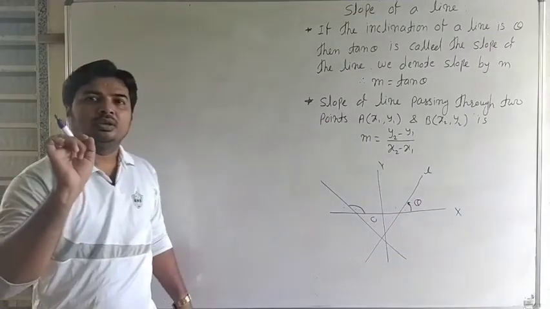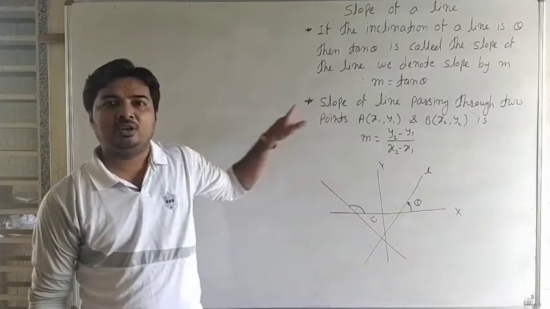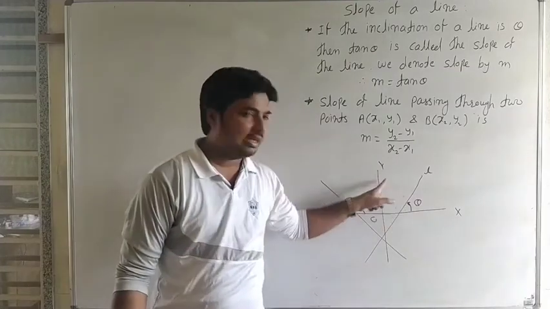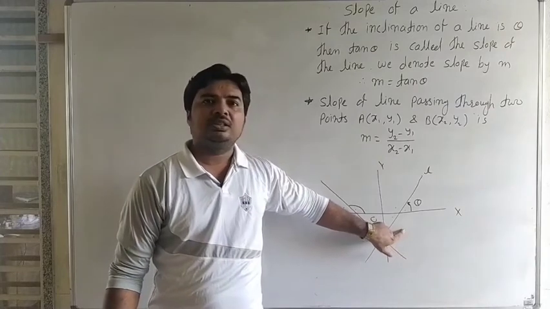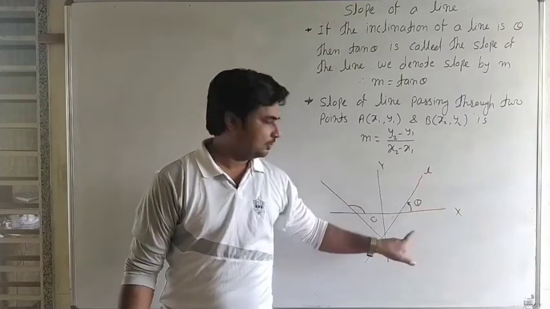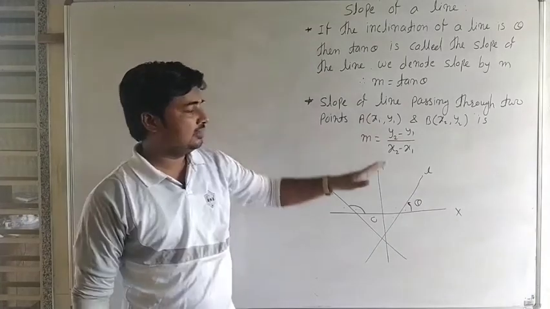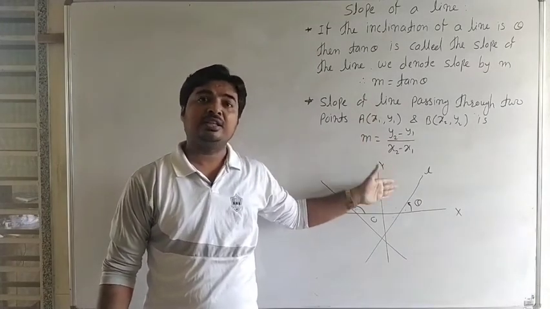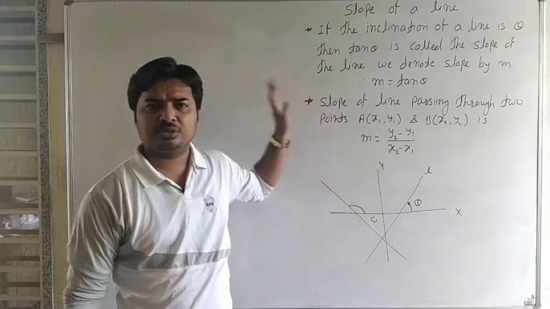Inclination means the angle made by the line with the positive direction of the x-axis in the anti-clockwise sense. The clockwise angle we take with a negative sign. So the slope of the line is the tangent of the angle made by the line with the positive direction of the x-axis. This is the definition of the slope.